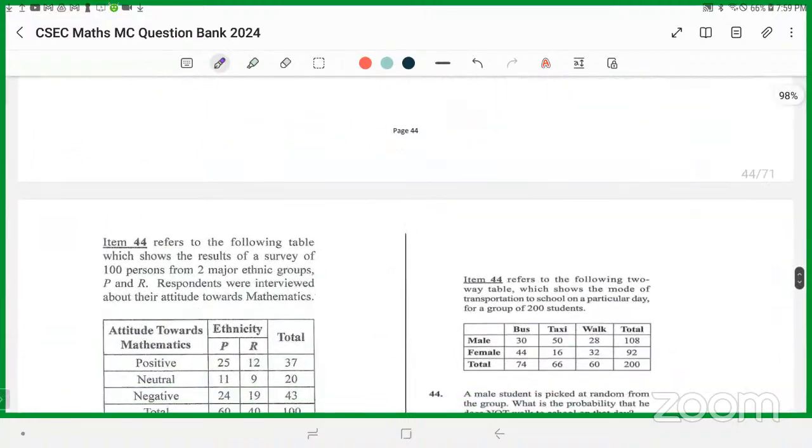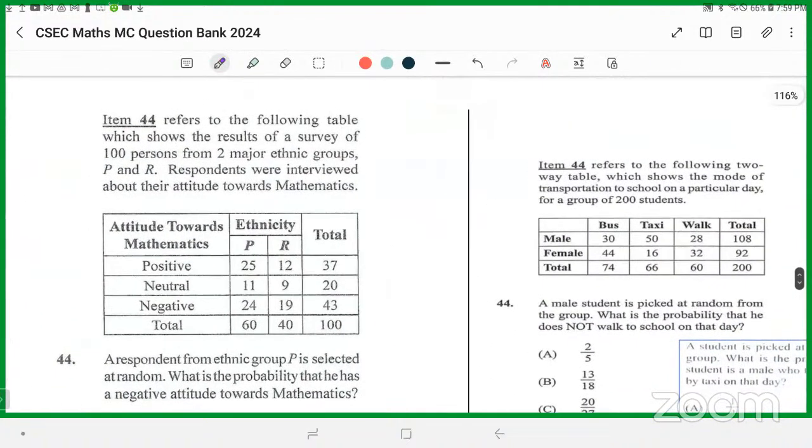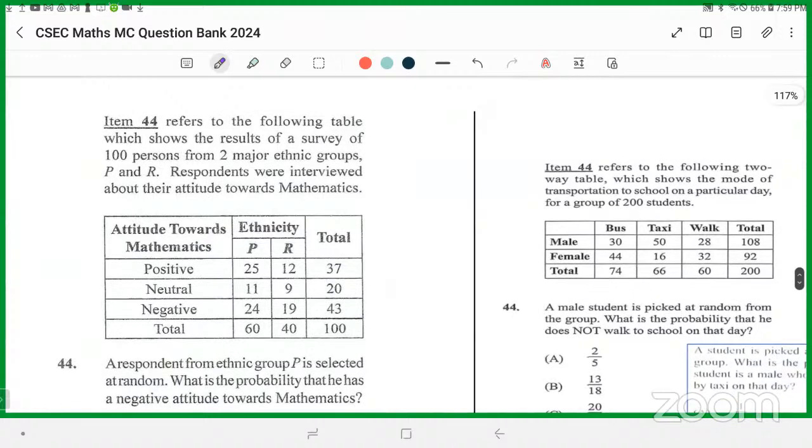Soon finish. This question says, item 44, refer to the following table, which shows the results of a survey of 100 persons from two ethnic groups, P and R. Respondents were interviewed about their attitude towards mathematics.